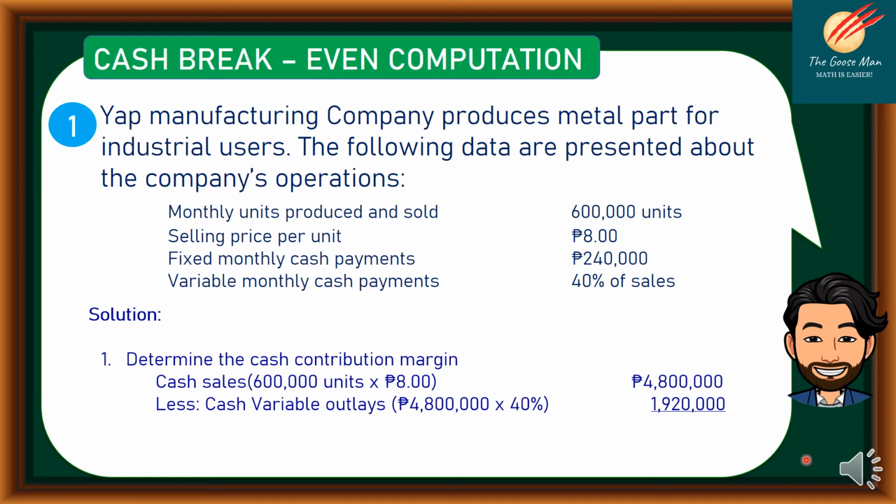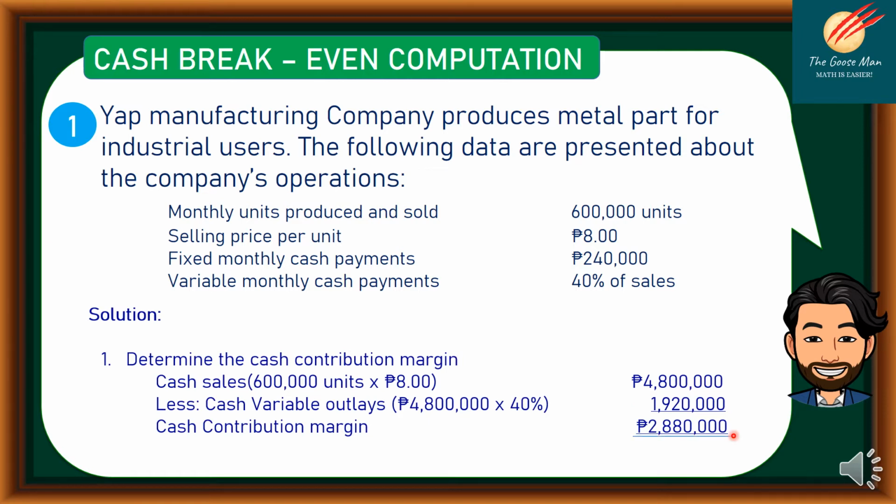Where did we get this 4,800,000? This is the sales. The 40% of your sales amounts to 1,920,000. So the cash contribution margin is equal to 2,880,000 if we subtract our cash variable outlays.